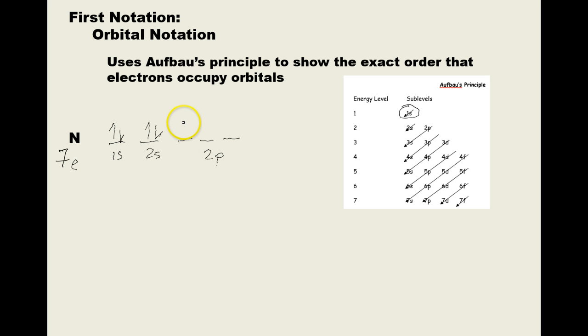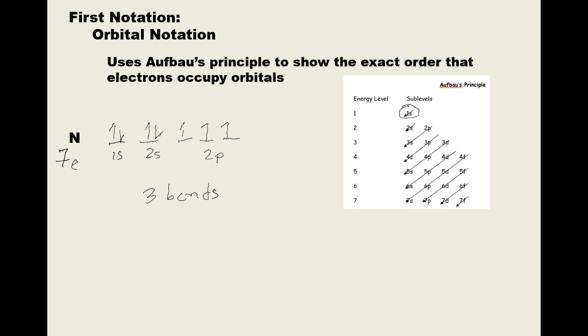Following Hund's rule, we want to show 1 electron in each before we put in a second. And since we only have 3 electrons, we're only going to put 1 electron in each. So we have 3 unpaired electrons, which means that nitrogen can form 3 bonds. That's the significance of orbital notation.